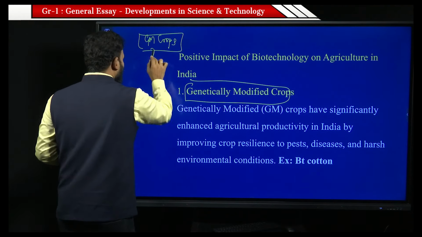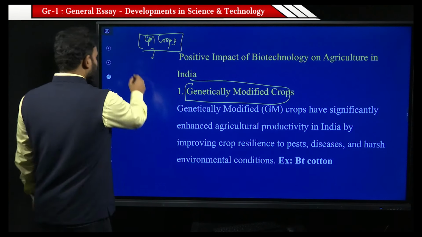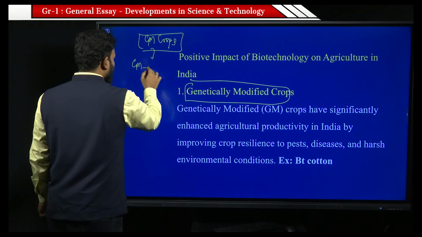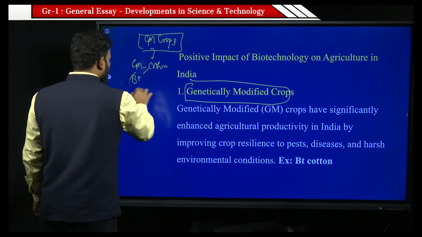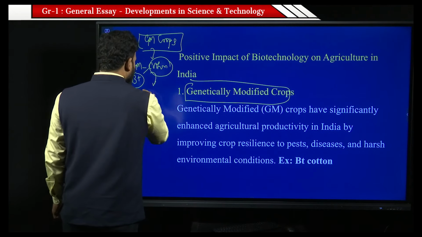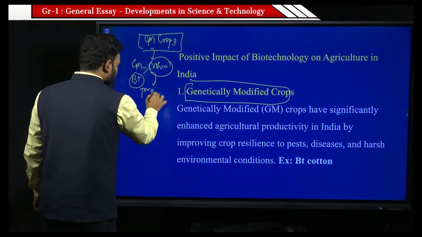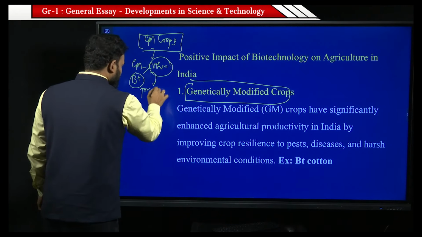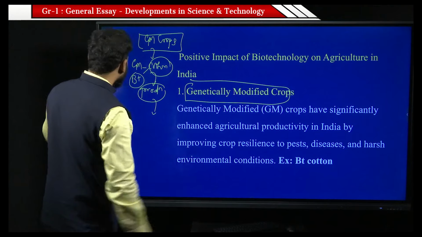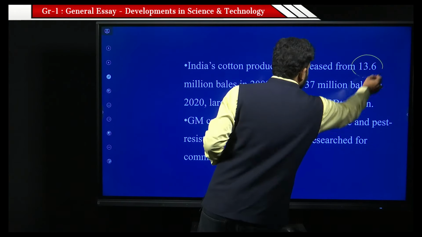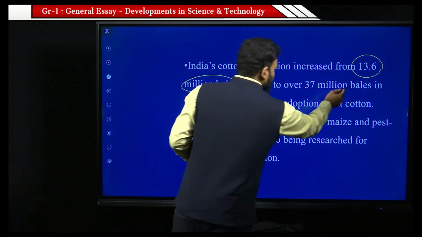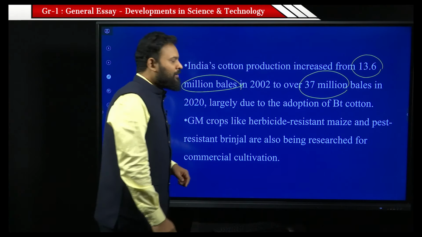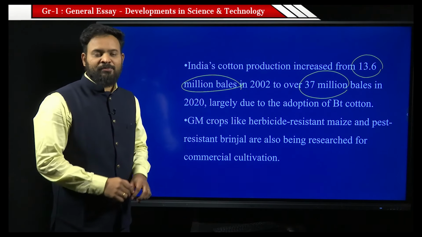We all know how GM crops, GM cotton, that is genetically modified cotton, Bt cotton, has helped in increasing crop production. It has helped in increasing the productivity of the land. For example, India's cotton production has increased from 13 million bales to 37 million bales because of the introduction of this Bt cotton.